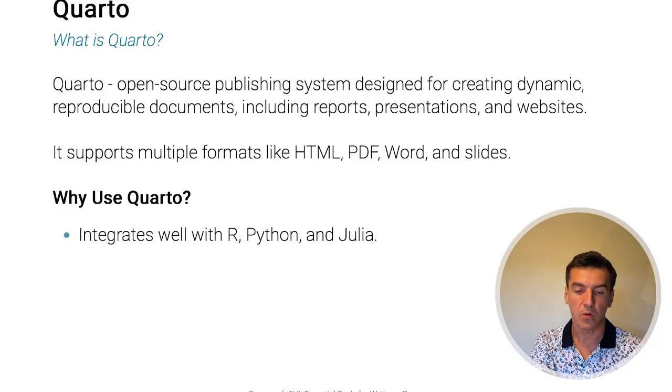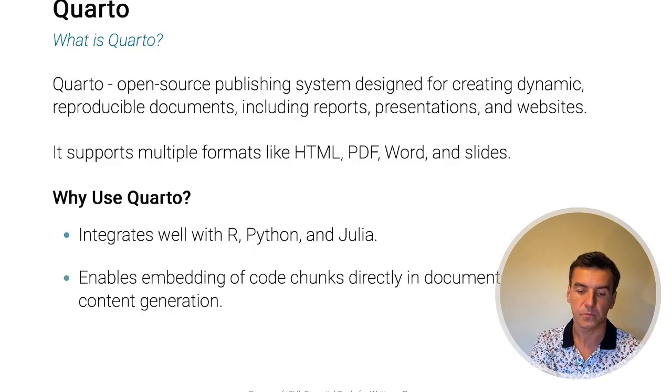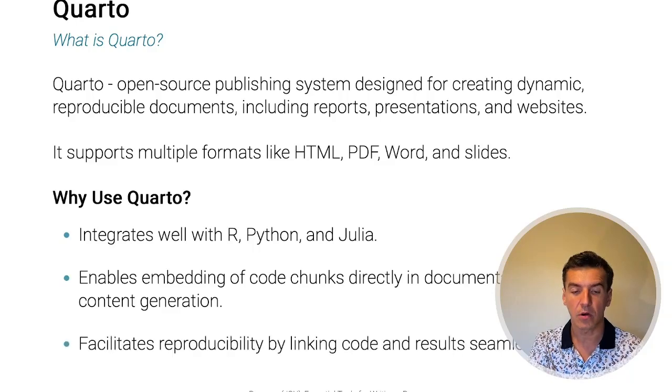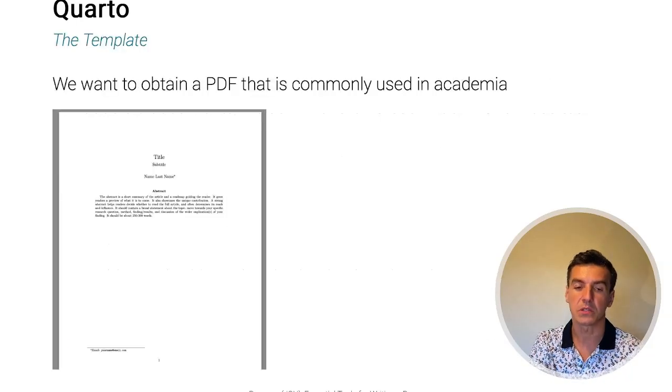In addition, it also integrates well with R, which is a statistical software, Python, but also Julia. This means that we can integrate chunks of code directly in the documents, so we can reproduce the code in a much easier fashion.